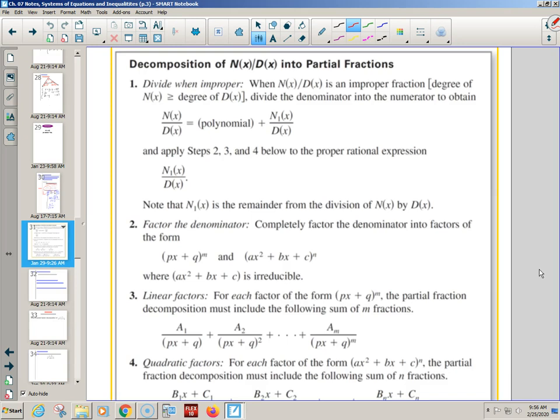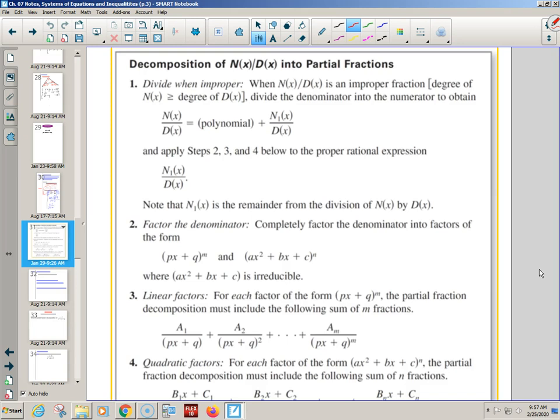A fraction is only improper if a polynomial will come out. Now, the polynomial could just be a number like 1 or 3 or 5. It could just be a constant function. It could be like a 2x minus 4. It could be a line. It could be an x squared plus 5x plus 2. But some sort of polynomial can come out of that, and then there's this little fraction remainder. That's the guy that we would do this whole process to.